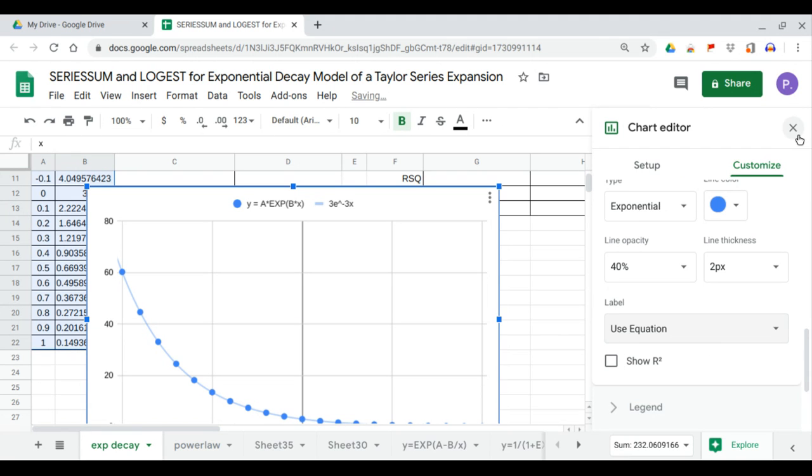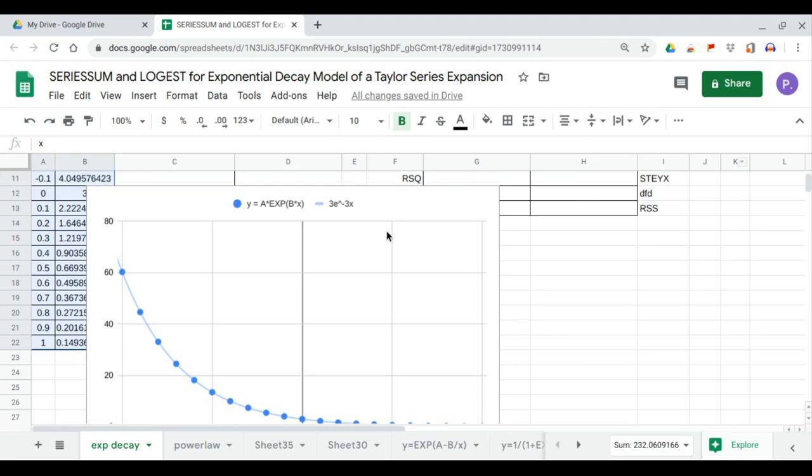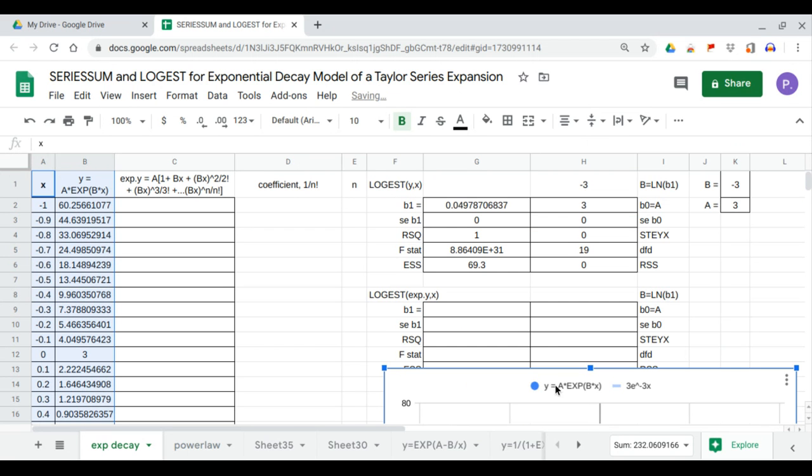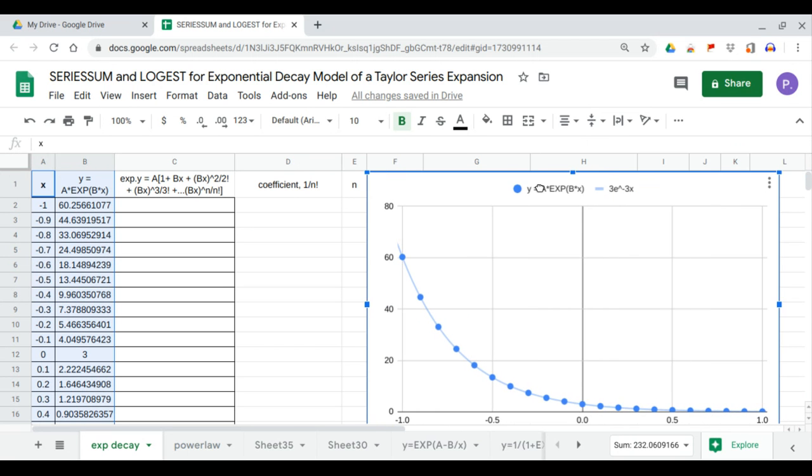So here's the trendline equation in exponential form. So here we have y equals a times exponent bx. So our value for a is 3 and our value for b is negative 3.